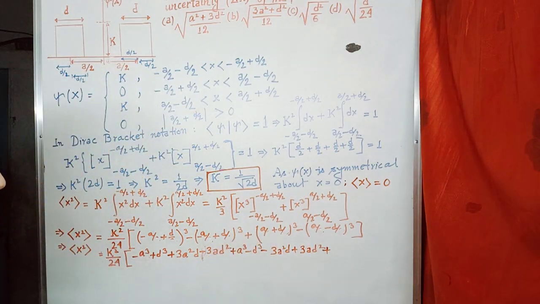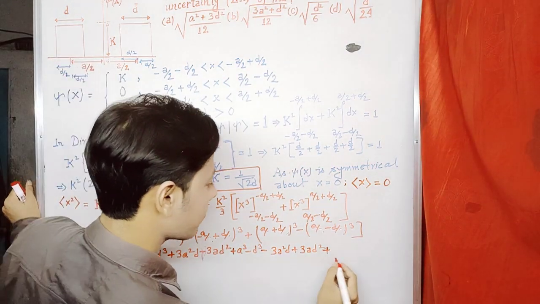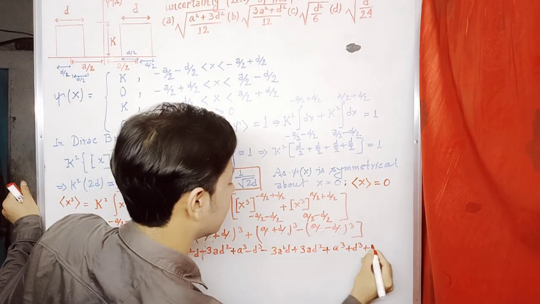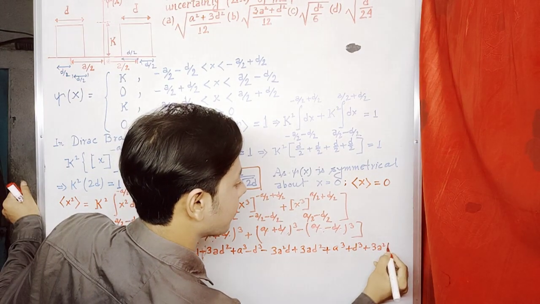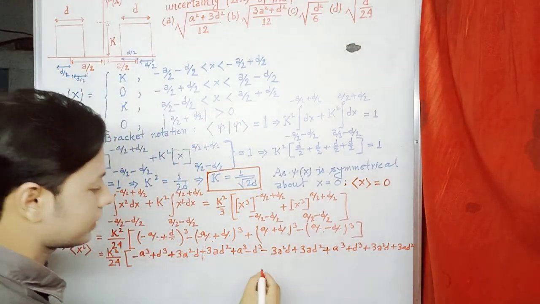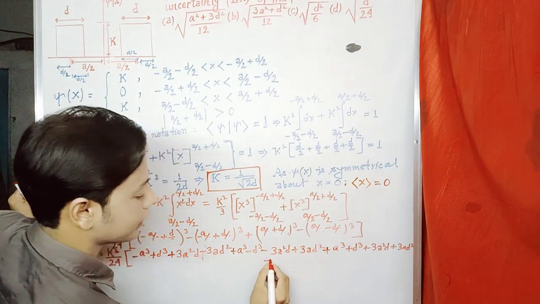If we expand this term, it will be equal to a cube plus d cube plus 3 a square d plus 3 a d square, and this is added with this term, and there is a minus.